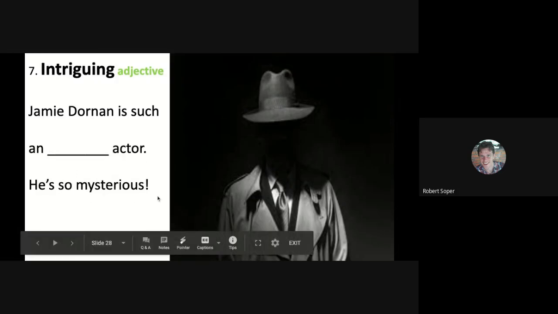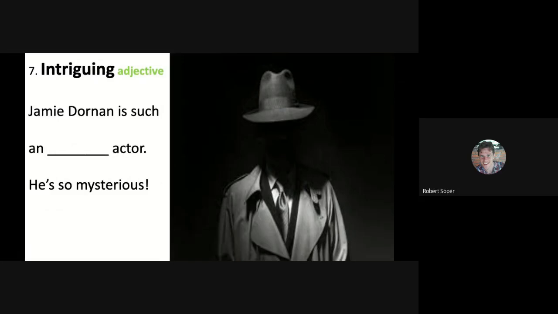He's so mysterious. So, if there's a sense of mystery about somebody, we might find them intriguing. Why would you find them intriguing? Because they're sort of unusual. They don't act like expected people. There's a sense of mystery around them.